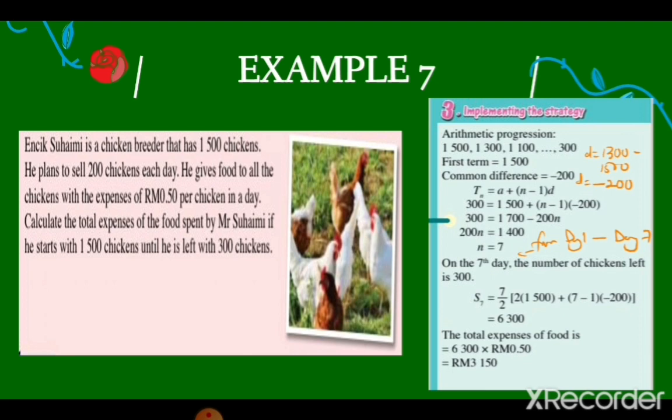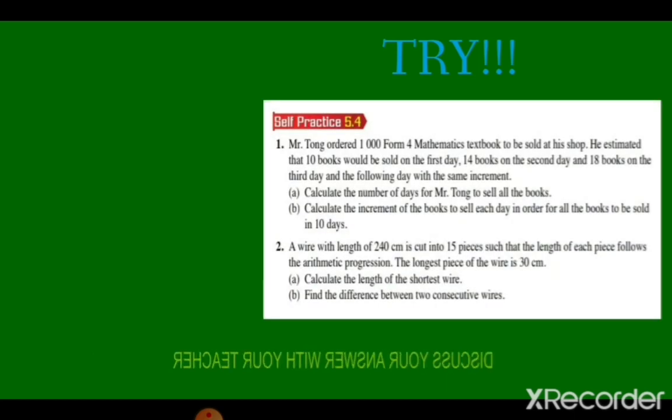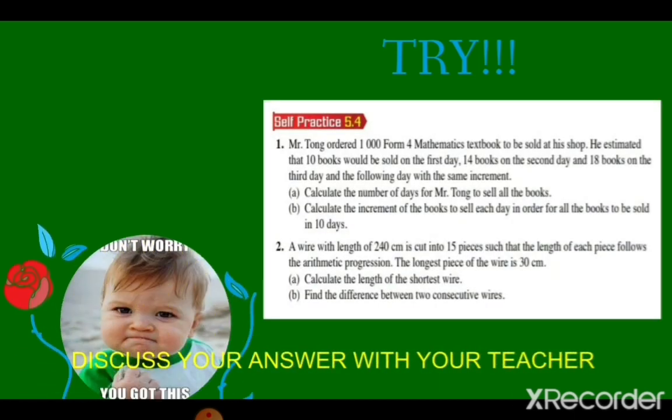So the cumulative number of chickens from day 1 to day 7 is 6,300 chickens. Since the price of the food is 50 cents per chicken in a day, 6,300 times 50 cents gives our total cost from day 1 to day 7 as 3,150 ringgit.